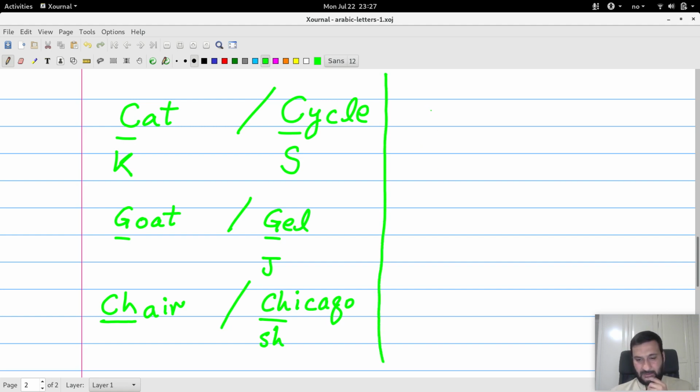And another thing which I noticed in the way these words are made, PUT is put, but if you replace P with a B, then it becomes but.